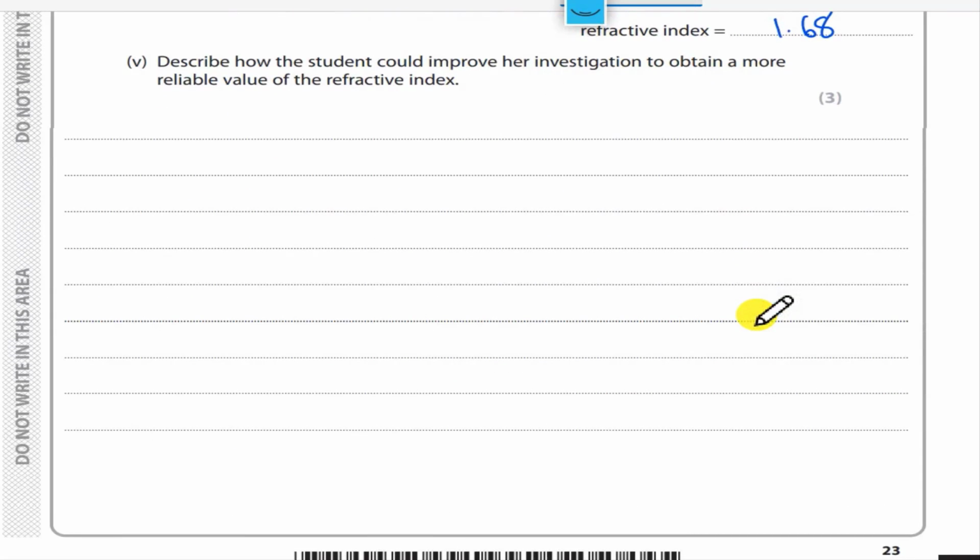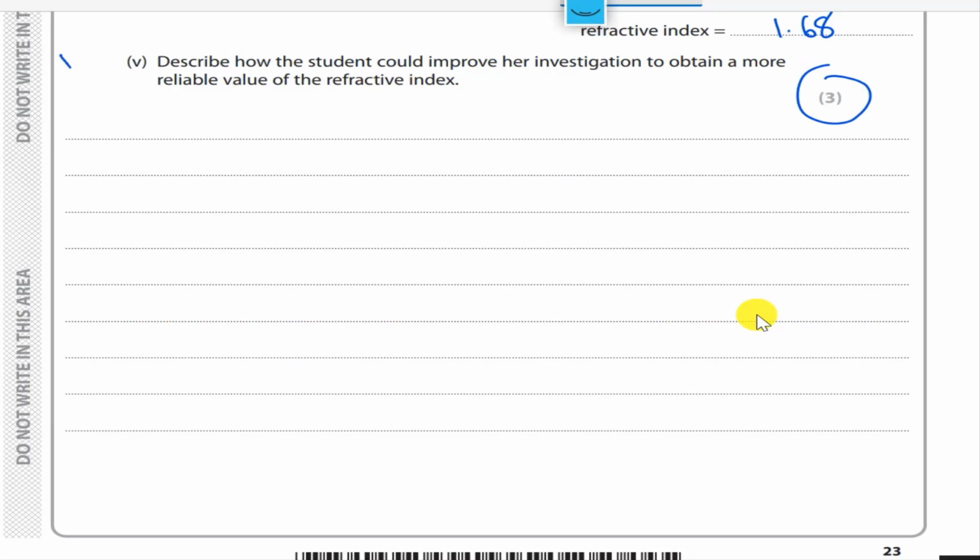Now describe how the student could improve her investigation to obtain a more reliable value of the refractive index. Mark 3 here. Reliable value of refractive index. 1.